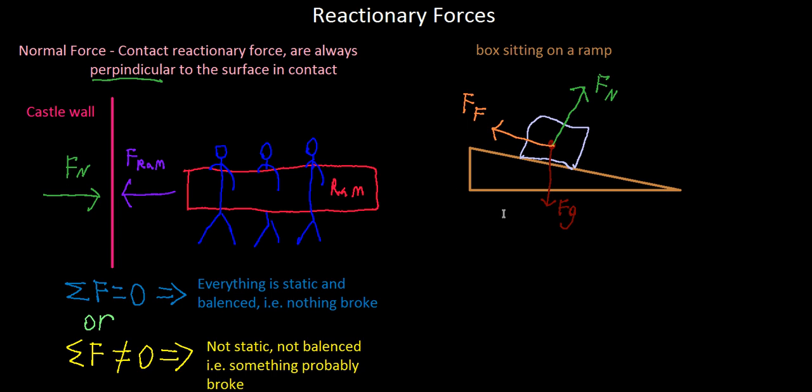But if everything, and let me pick a better color here, just to get it off from that side. It's still not the better color. Let's just go with gray. If everything is static, meaning the box isn't moving, then we know the sum of all forces equals 0.